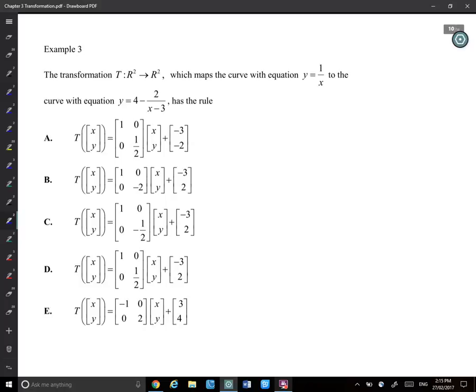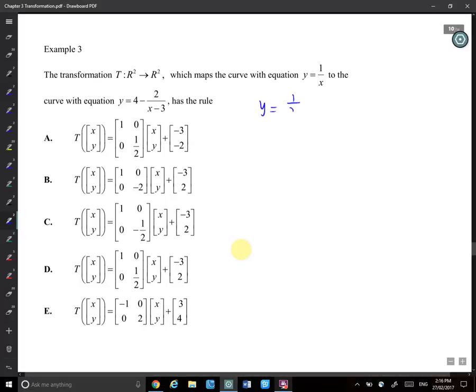That's the problem. So what can we do to this one? I will still do the same thing. y equals 1 over x, and y dash, that's the new graph. So y dash minus 4 equals minus 2 over x minus 3.